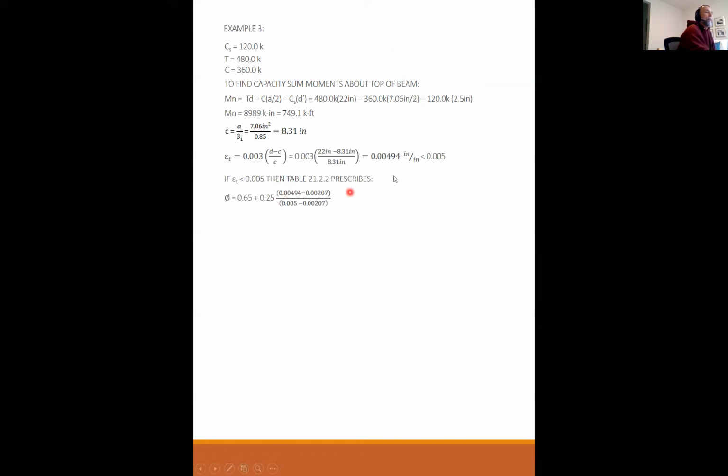This equation is epsilon t minus epsilon y over 0.005 minus epsilon y, which gives 0.895. So I'm just taking a very small penalty. So phi Mn is 0.895 times 749.1. I get 670.4 kip-feet, greater than 650 kip-feet, and so the beam is adequate.